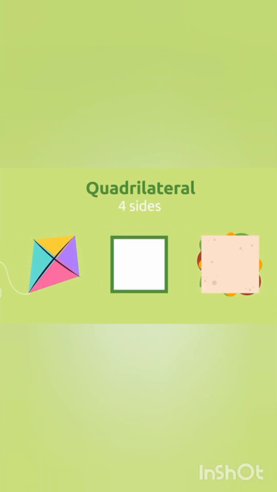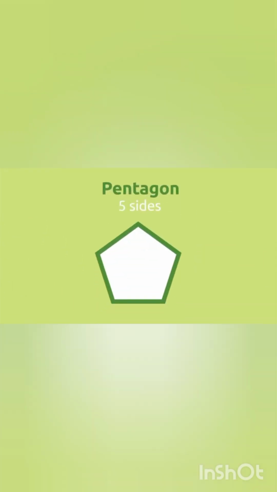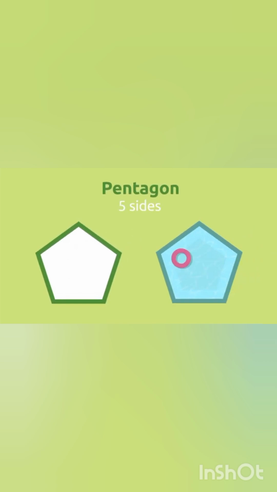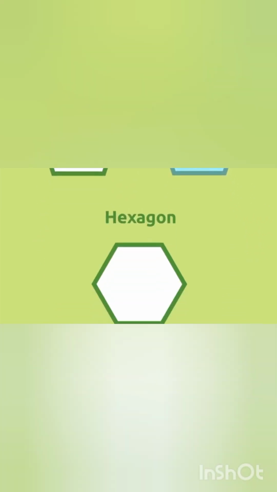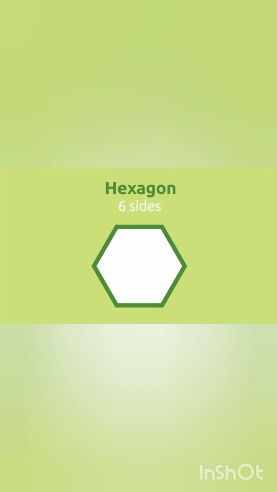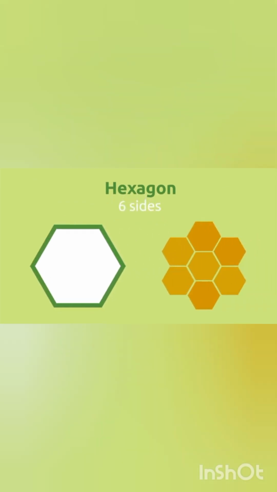A quadrilateral is a closed figure, a polygon, which has 4 sides. Here it has 5 sides, so it is known as a pentagon. And if it has 6 sides, its name is hexagon. This is an example of a hexagon in real life.